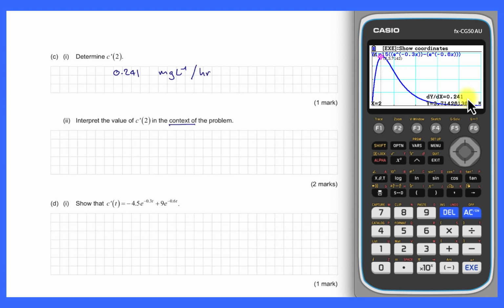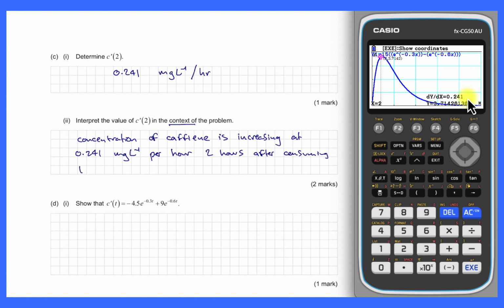So I'm going to say that the concentration of caffeine is increasing at 0.241 milligrams per litre per hour at the time t equals 2 hours, or 2 hours after consumption. Perhaps keeping with the context, I'll focus on the consumption. Okay, so that's a very contextual interpretation, but that's what was called for there.